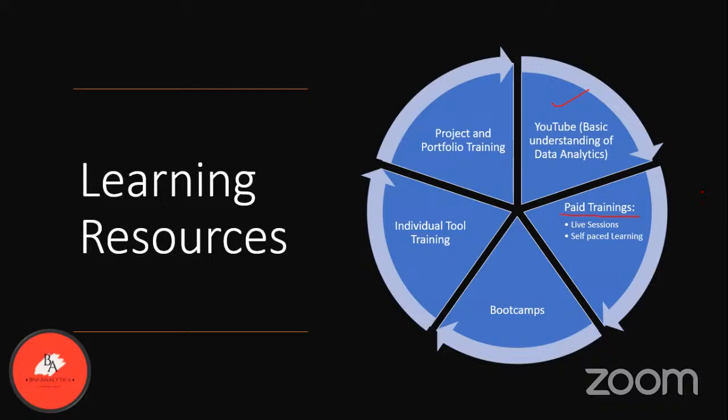Whatever we are doing, that is correct for us. But if you will go to the paid trainings in the mentorship of good trainers, then you will learn the exact optimization of the things. Okay. So there are also two type of trainings available. Live sessions and self-paced learnings are also available.